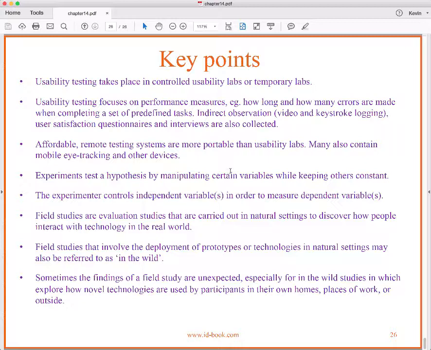Field studies are evaluation studies that are carried out in natural settings to discover how people interact with technology in the real world. Field studies involve deployment of prototypes or technologies in natural settings, and may also be referred to as in the wild, and our best example of that was probably the application that they gave to the skiers. Sometimes the findings of a field study are unexpected, especially for in the wild studies in which we explore how novel technologies are used by participants in their own homes, places of work, or outside.